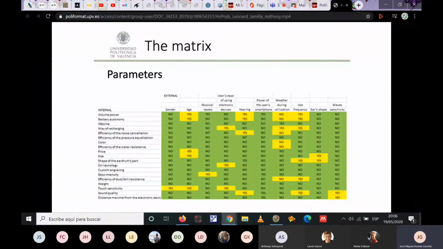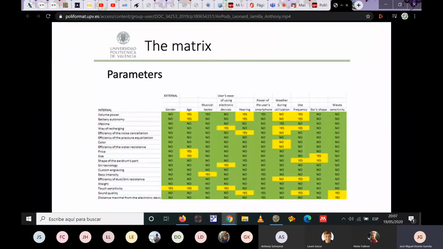However, we thought AirPods could be more or less water-resistant in function of the weather during utilization. So, in a rainy place, AirPods water resistance should be more efficient than in a place where it doesn't rain a lot. This modification influences other internal parameters, such as the price, for example. That's why both tables are important.